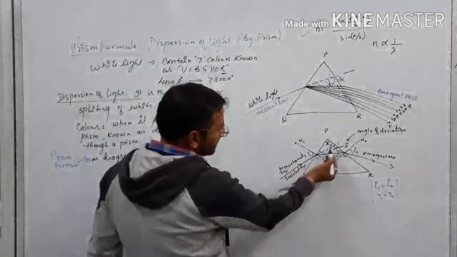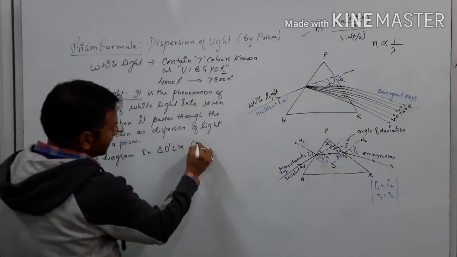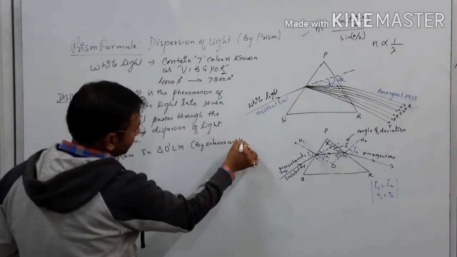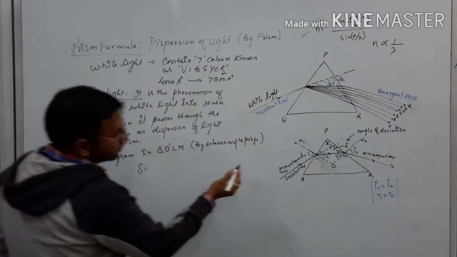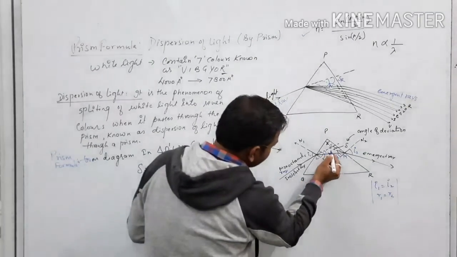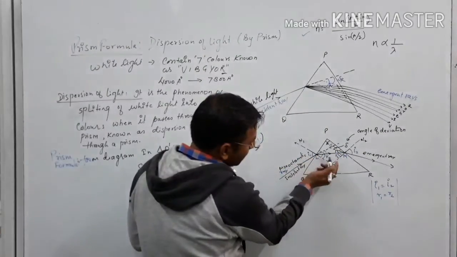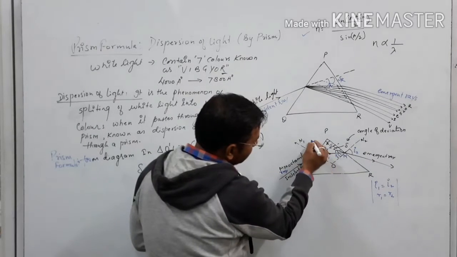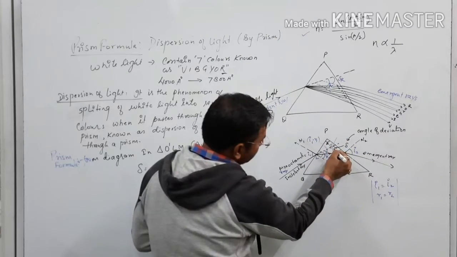This is the exterior angle for the triangle O dash L M. So by the exterior angle property, we can write delta equals the sum of that angle and that angle. Here the whole angle is I1 and this part is R1, so I1 minus R1 is that part, and I2 minus R2 is that part.